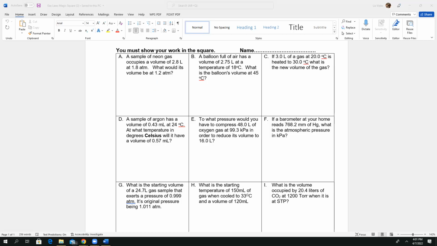I was just giving an example. So let's see if you guys can solve this magic square. Oh no, sorry, that first one is not a conversion question either. It's another problem.